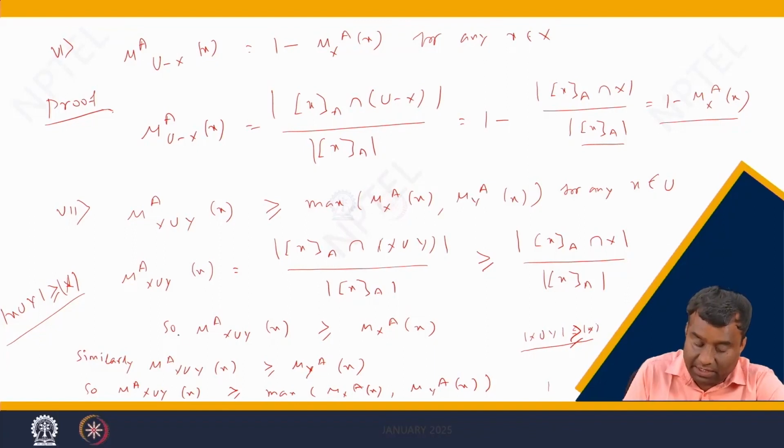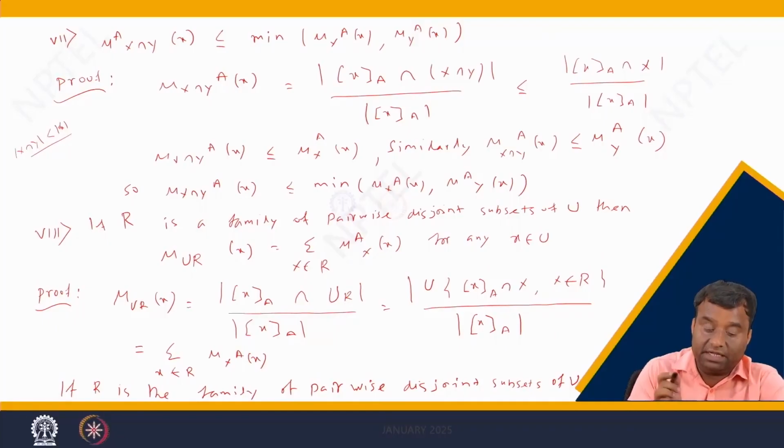So you can write that mu_{X union Y}^A(x) is greater than or equal to mu_X^A(x). Similarly, mu_{X union Y}^A(x) is greater than or equal to mu_Y^A(x). That means it is greater than or equal to the maximum of these two values. So that is property number 7.